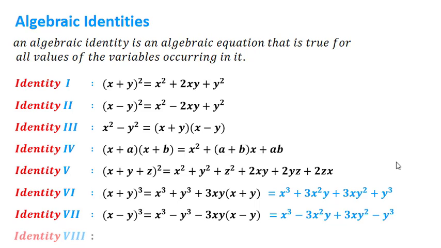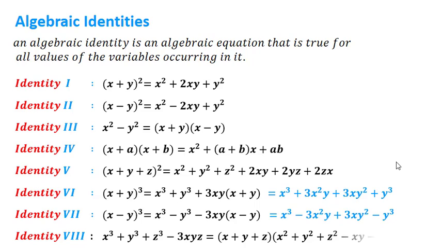And last we have x cube plus y cube plus z cube minus 3xyz is equal to (x plus y plus z) into (x square plus y square plus z square minus xy minus yz minus zx). Now if the value of x plus y plus z is 0, then in that case we will get x cube plus y cube plus z cube minus 3xyz is equal to 0, right? So we can say that x cube plus y cube plus z cube is equal to 3xyz.